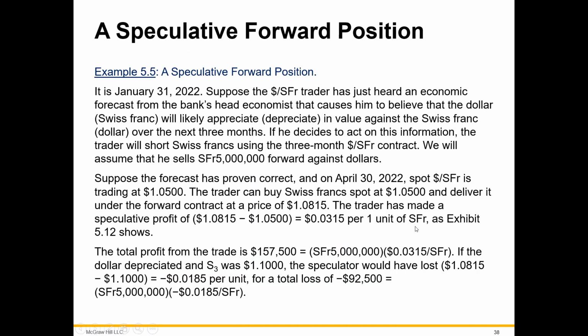So yeah, it's easy to get turned around with these. I guess the key point is that if you have a currency that you expect to move one way or the other, then a forward position will allow you to lock in effectively at the status quo.